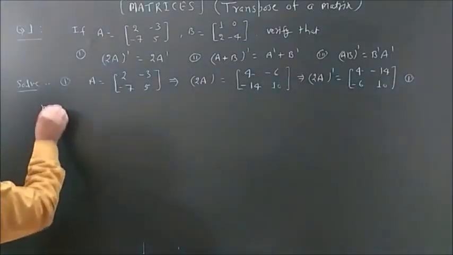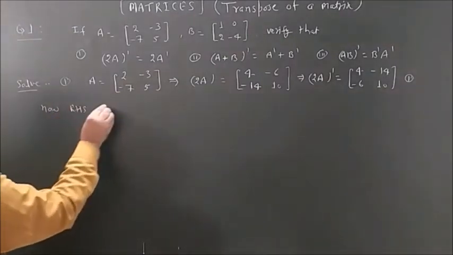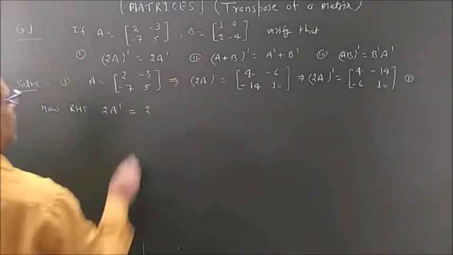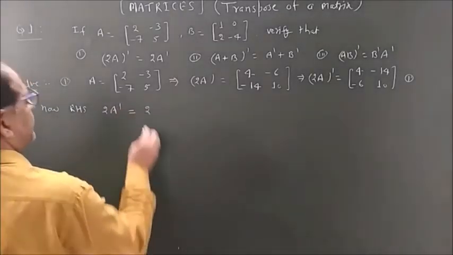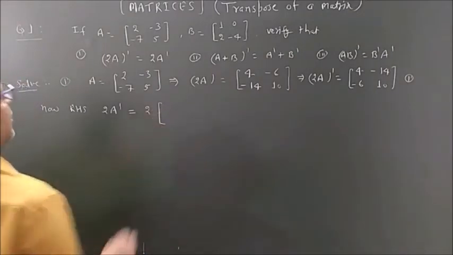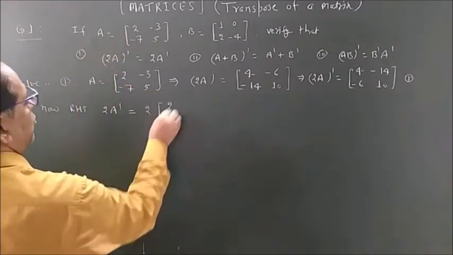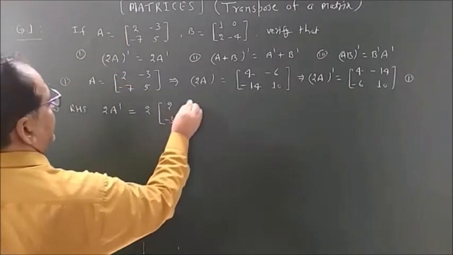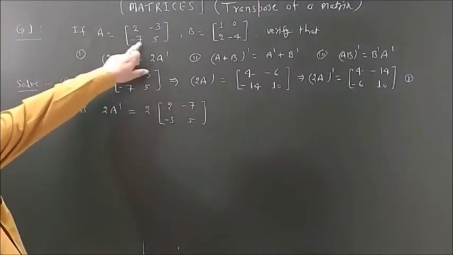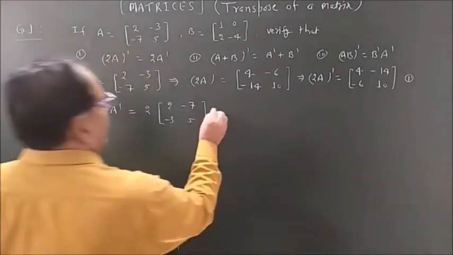Now the right hand side, 2 times A dash. This is matrix A, so A dash becomes [2, minus 7; minus 3, 5]. A dash means the transpose of matrix A: 2, minus 3 becomes a column, minus 7, 5 becomes a column.